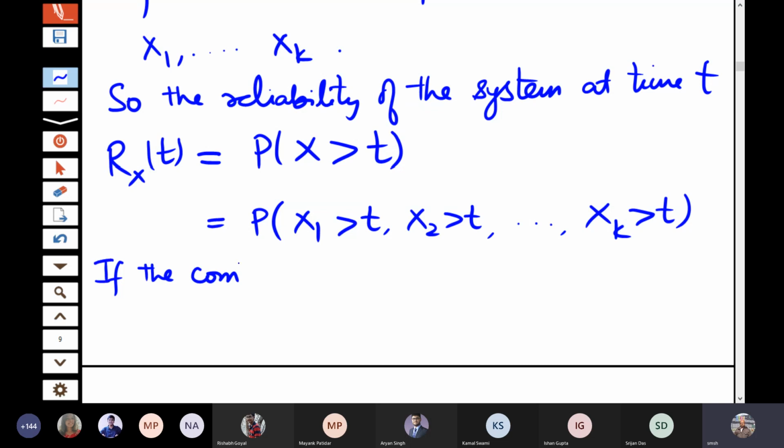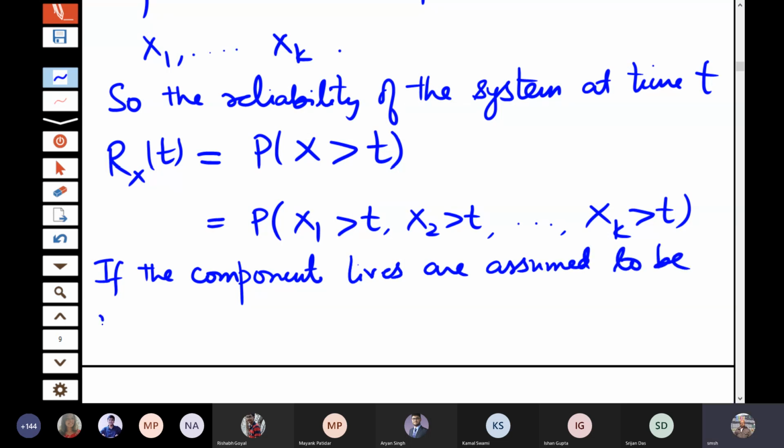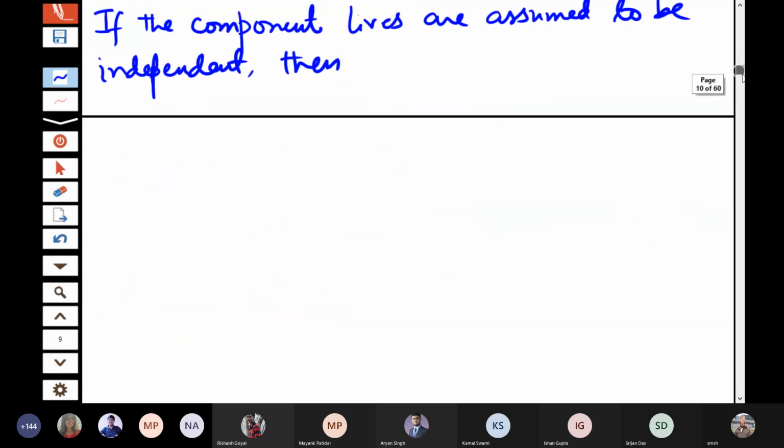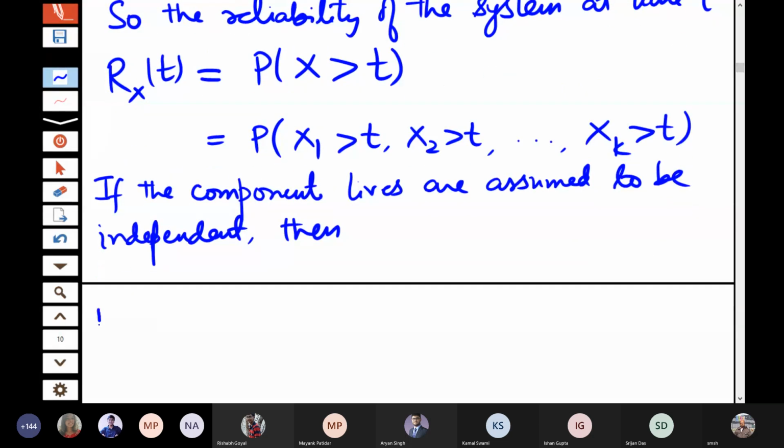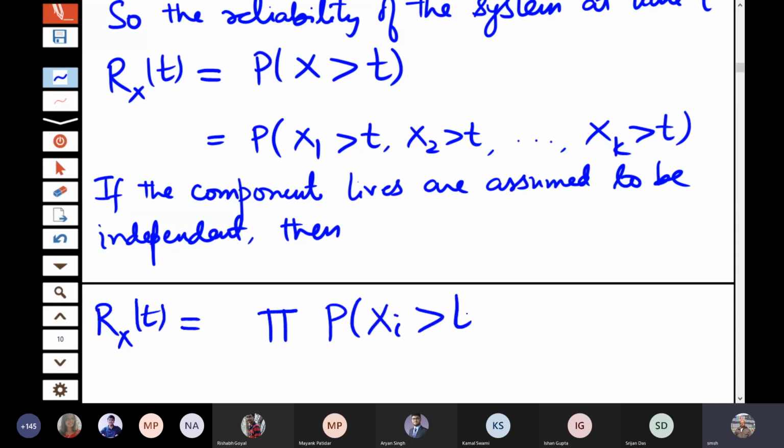So if the component lives are assumed to be independent, then R_x(t) becomes the product of the probabilities of x_i greater than t.